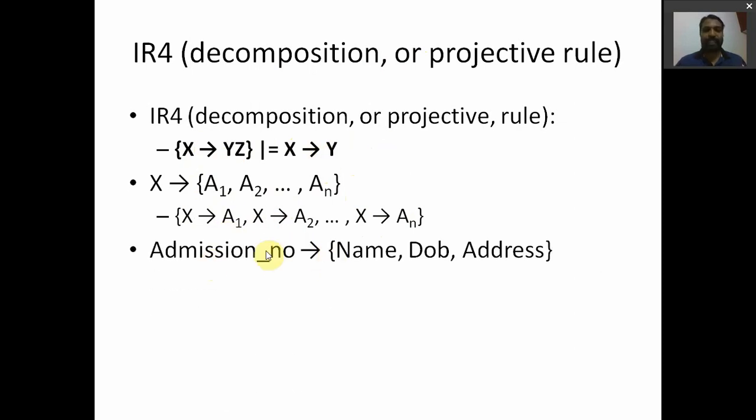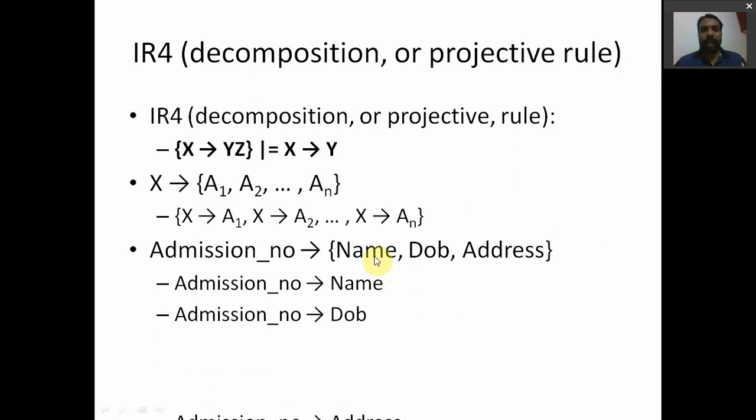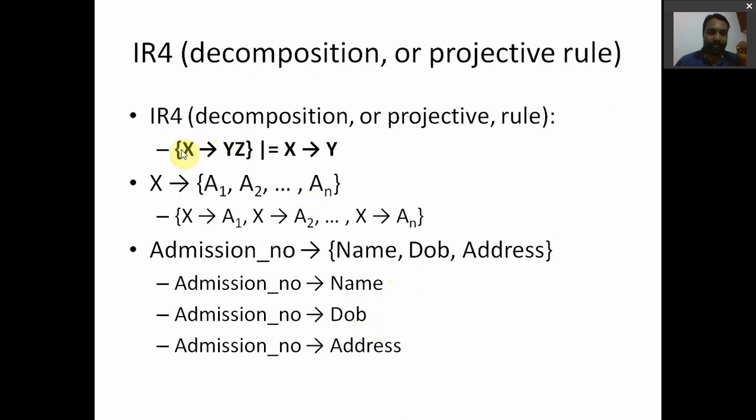For example, if there is a functional dependency admission number to name, comma, date of birth, comma, address, we can decompose it into admission number to name, admission number to date of birth, and admission number to address. So this is known as the decomposition or projective rule. If there is a functional dependency x to y z, we can infer x to y and x to z. So this is known as the decomposition or projective rule.